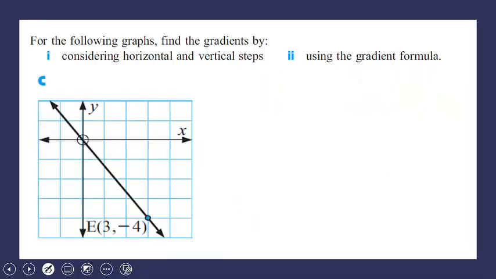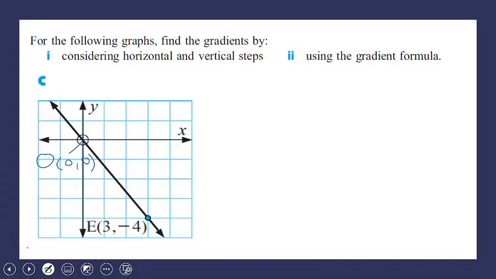Question E only gives us 1 point. So now we have a conundrum. How do we resolve this issue? We notice that it goes through the point of origin. That's point O, which is 0, 0. So that solves our issue. Let's start with the jumping method.